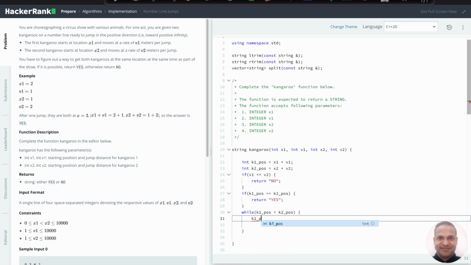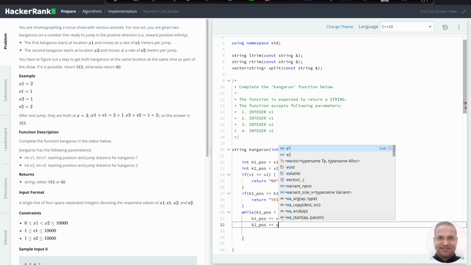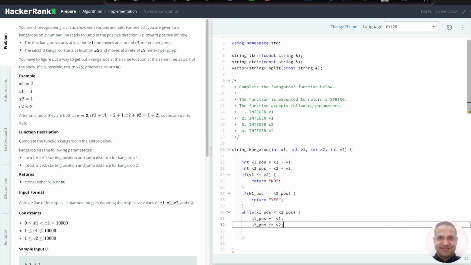Now let's calculate the position. This is the second jump. In the second jump, we take the current position plus, in one jump, kangaroo 1 moves v1 length, right? And kangaroo 2 position will become kangaroo 2 position plus equals v2.